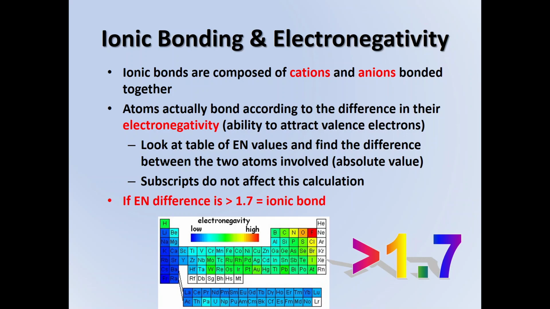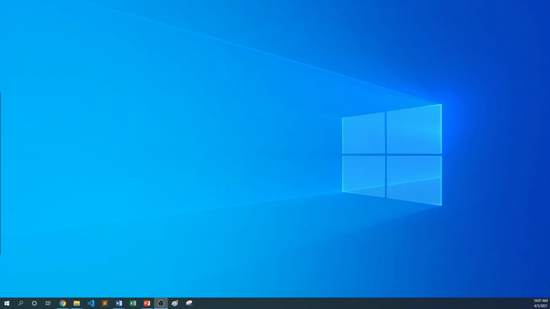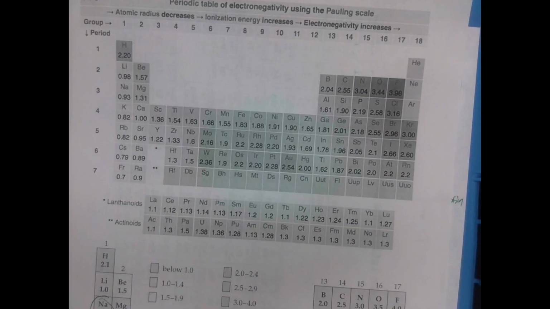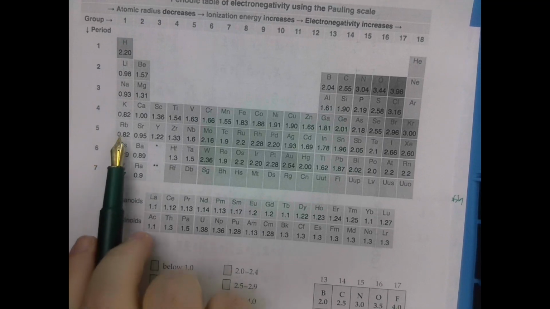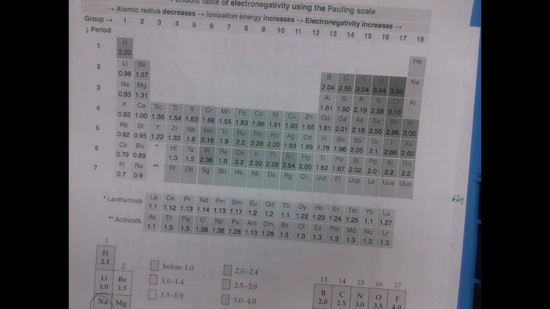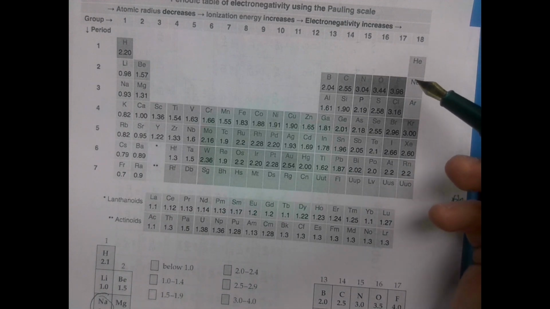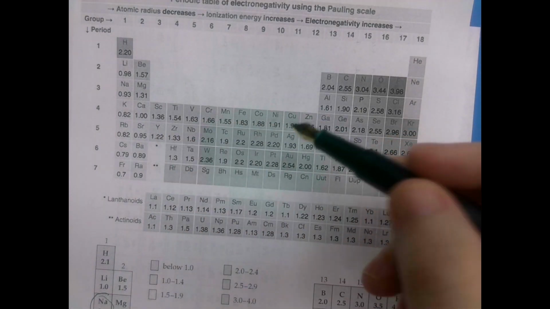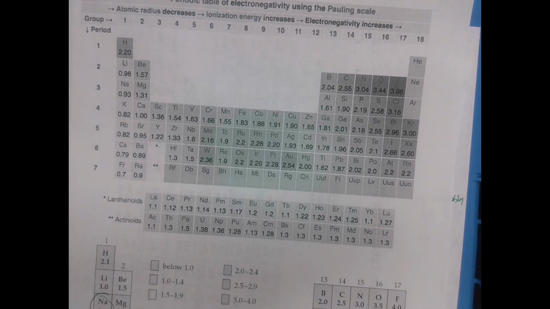And this is a scale. It's fuzzy, not black and white. It's not like anything over 1.7 is 100% ionic and everything less than 1.7 is not. It's a grayscale. The higher you get, the more ionic you become.